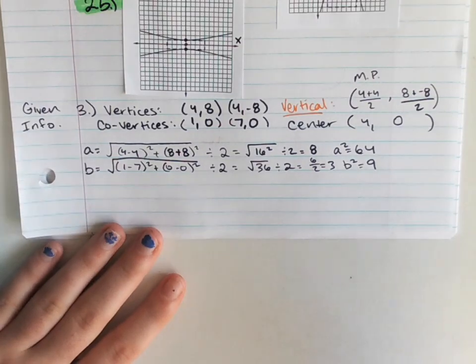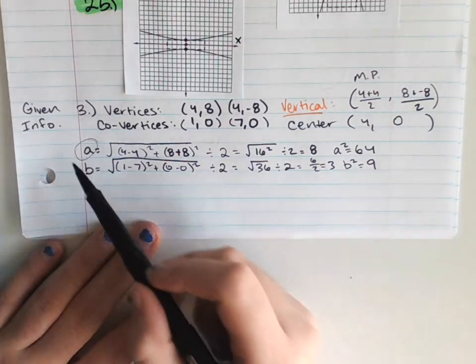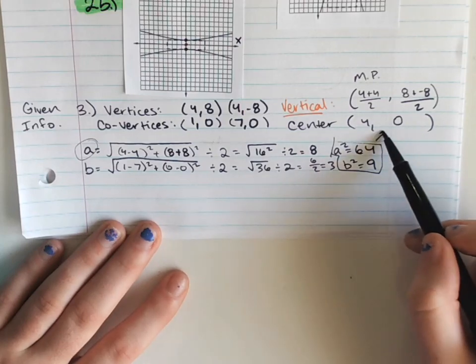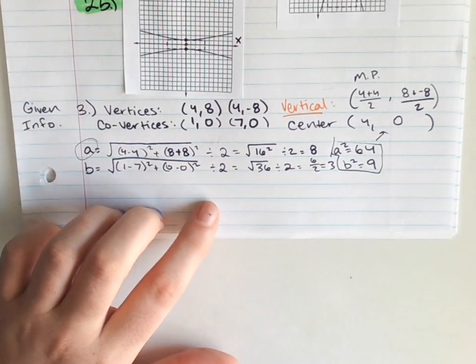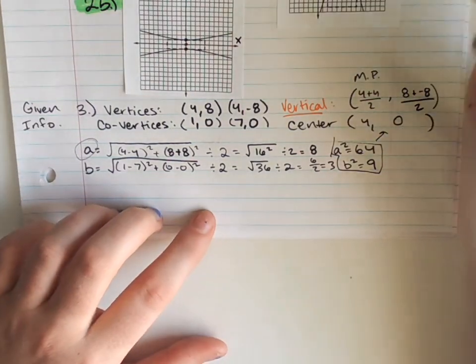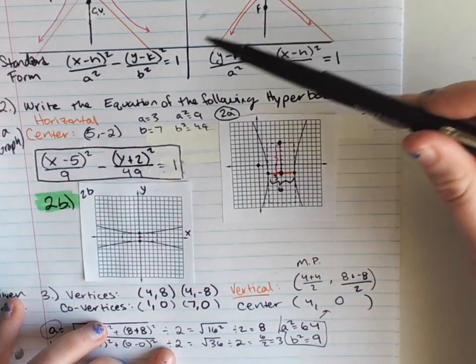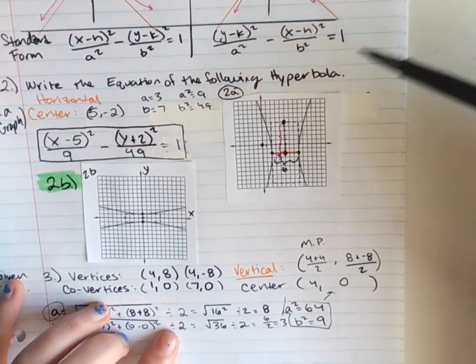So we've got our a squared and b squared, and we have our center. That's enough information for us to write our equation. We know it's going to be in this format because it's a vertical hyperbola.